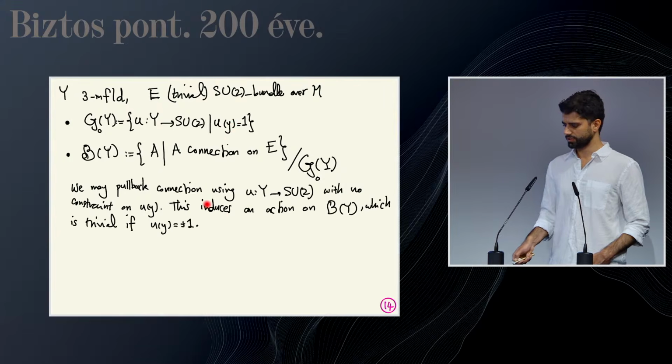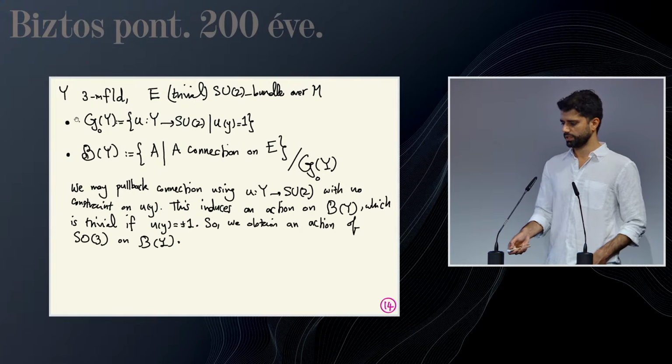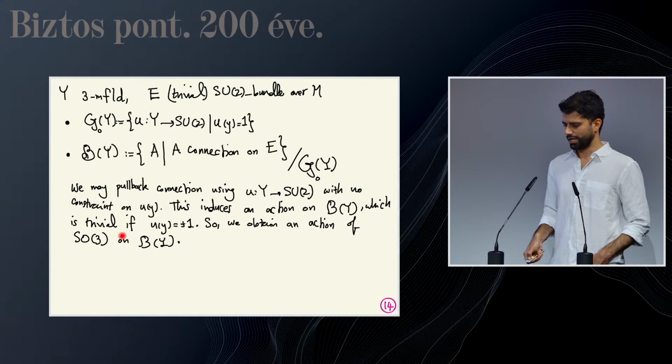And these actions are trivial if the value at the base point is plus or minus the identity inside SU2. So this way you would get an action of SU2 mod plus or minus 1, which is SO3, on this configuration space.